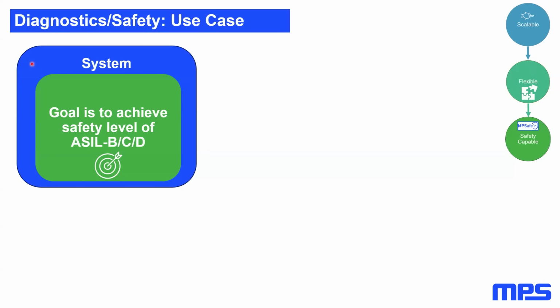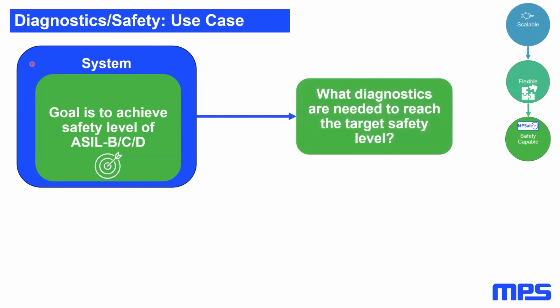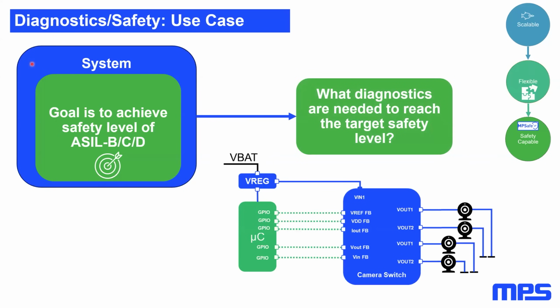In general, we can sense voltage, current, temperature, sometimes pressure. And in the case of the camera switch, we talk more about diagnostics and monitoring, which includes the voltage sense of the different outputs, ideally in an independent way, the input voltage monitoring, the internal VDD, the output current monitoring, also ideally in an independent way, and the internal reference voltage.